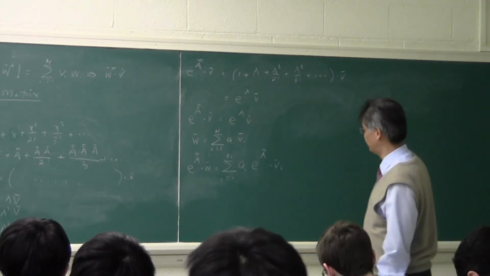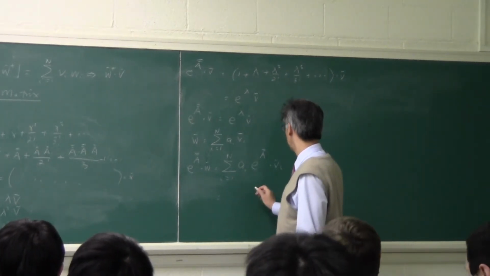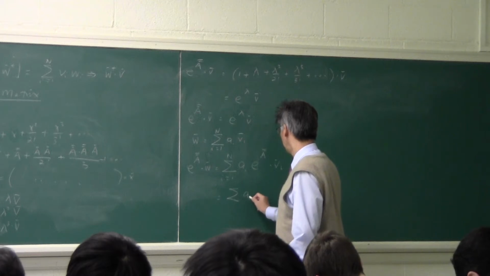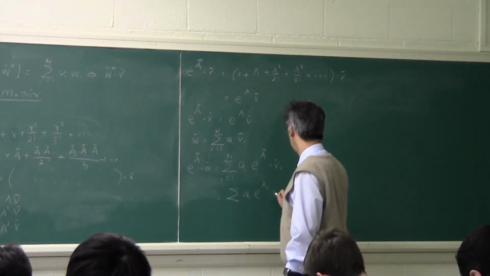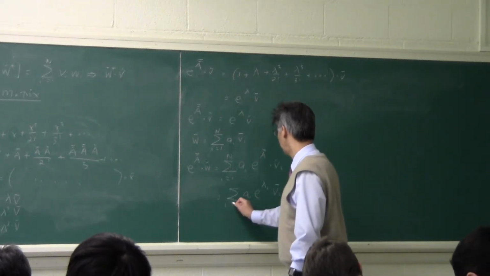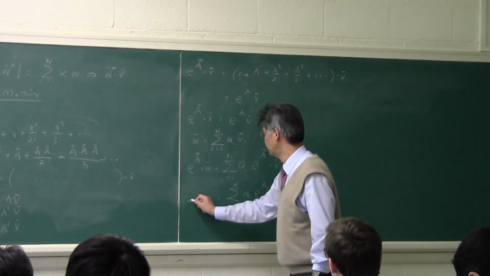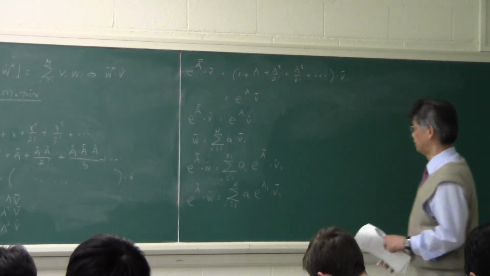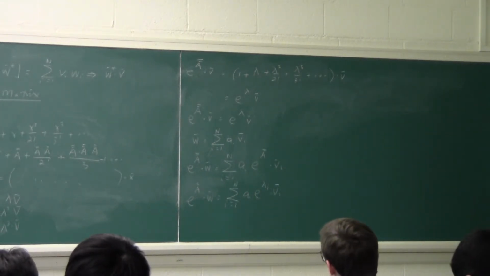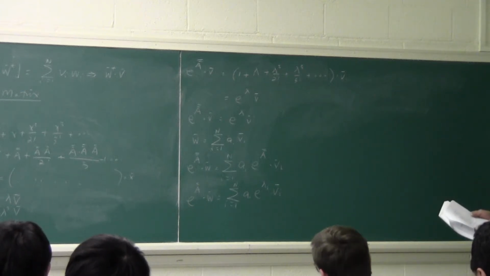And then you can replace this with just a_i e to the lambda_i v_i, with i from 1 to n. So this is the general meaning of a matrix function operating on an arbitrary vector.